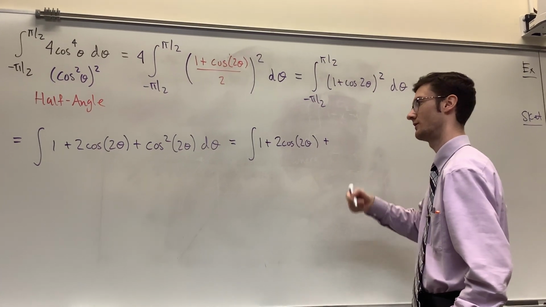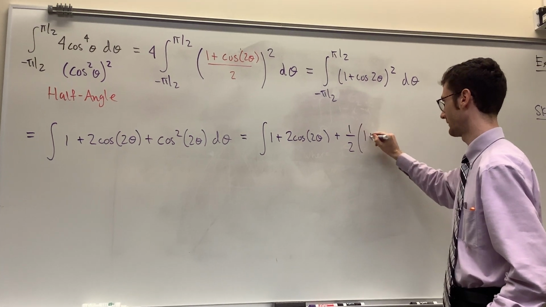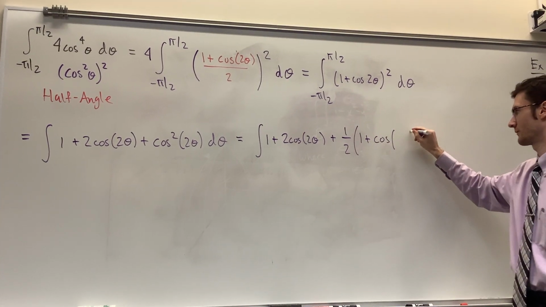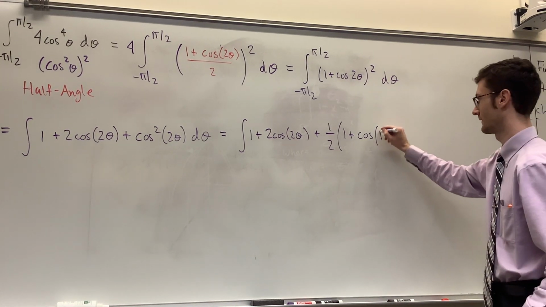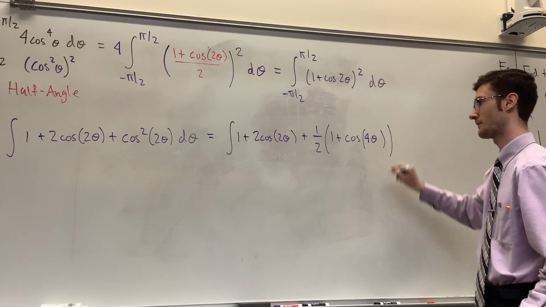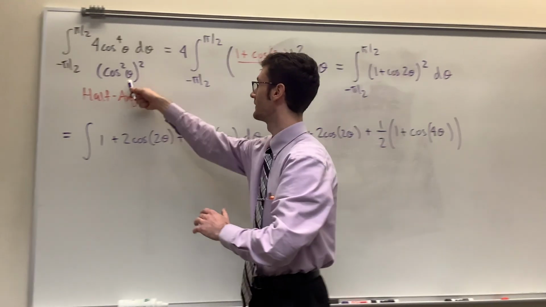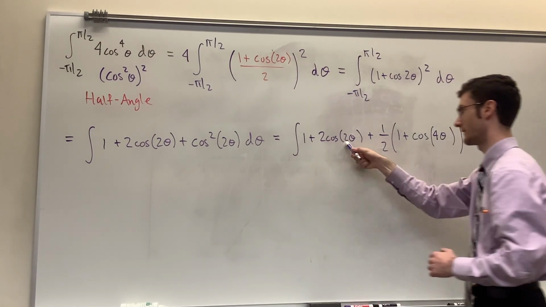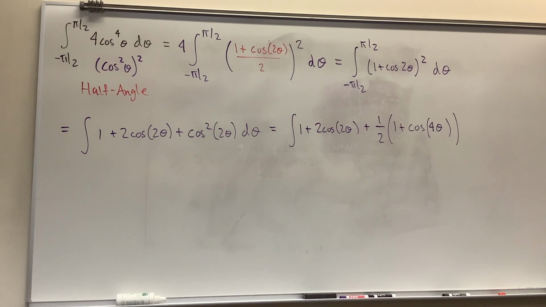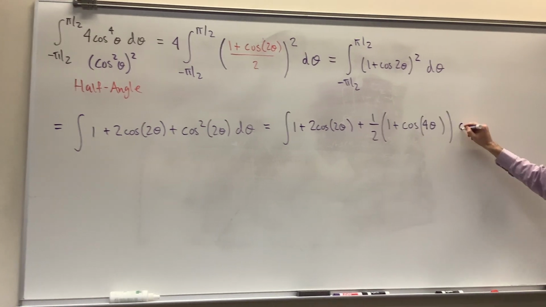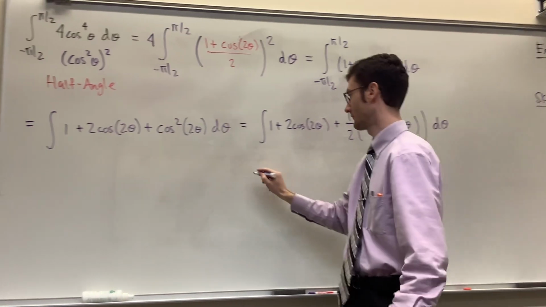Half angle says 1/2 times 1 plus cosine, here's where you have to be really careful. What do I put here? 4 theta. Good. So the half angle, whatever the angle is here, when it was theta, you double it. 2 theta, double it, that's 4 theta. d theta.